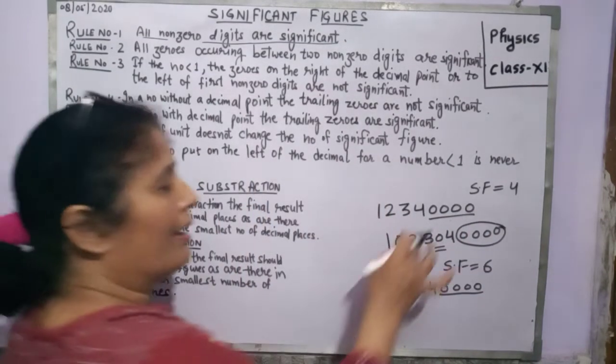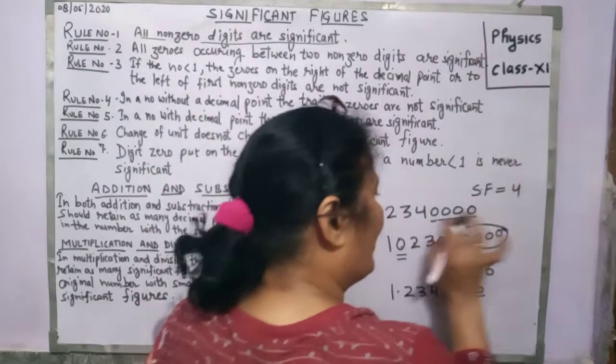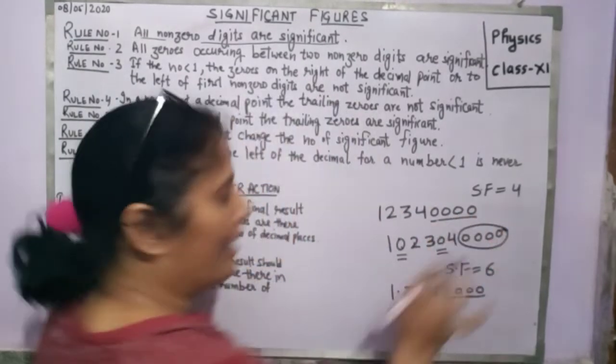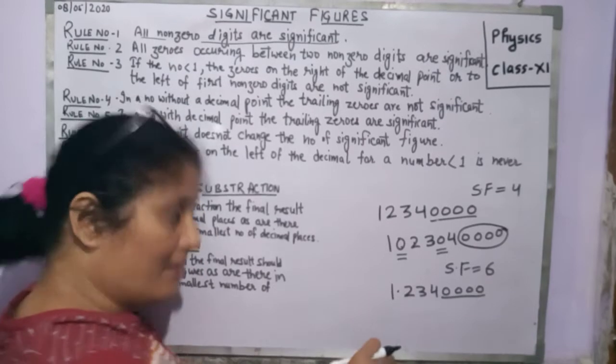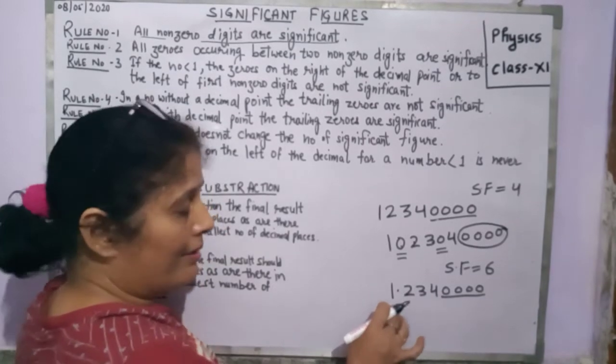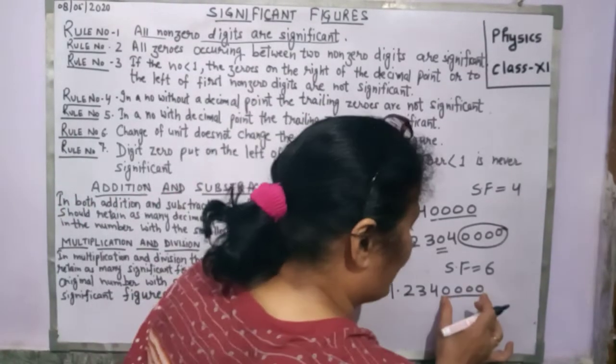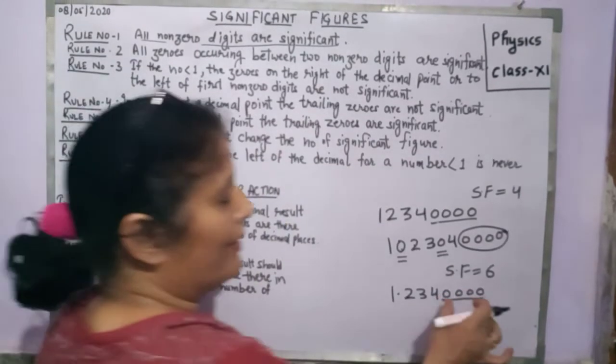Then all the trailing or terminal zeros are insignificant. If a decimal point is present in the number, then all the terminal zeros become significant.